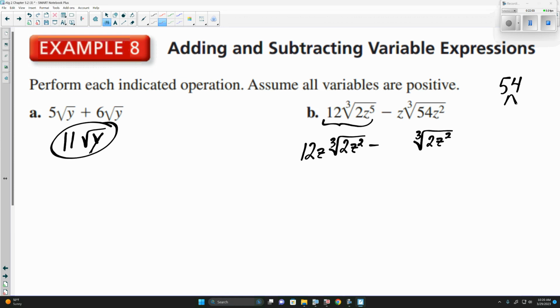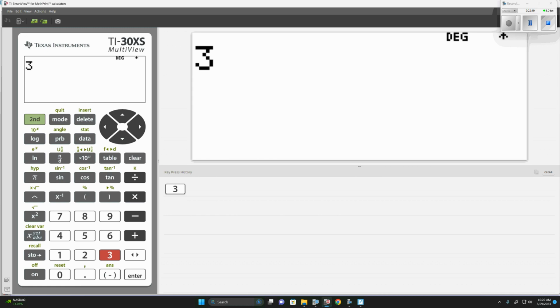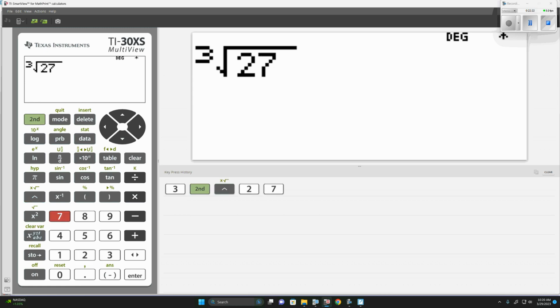One of its factors is 2, and the other would be 27. Now we could keep going with the factor tree, but can we take the cubed root of 27? And it is 3. Cubed root 27 is 3.